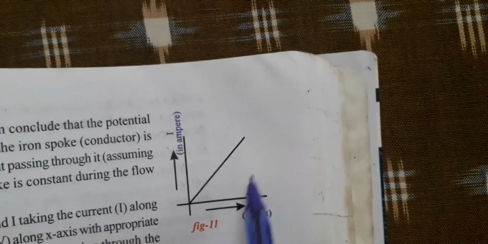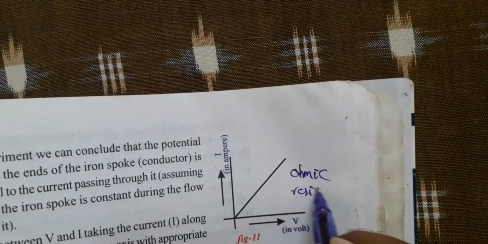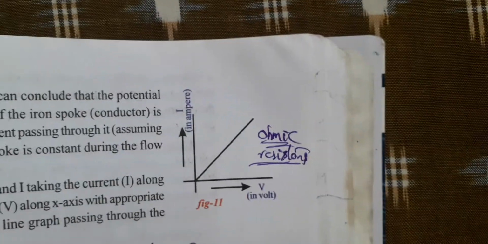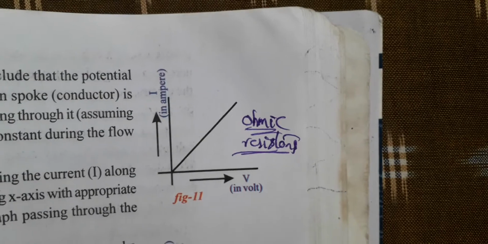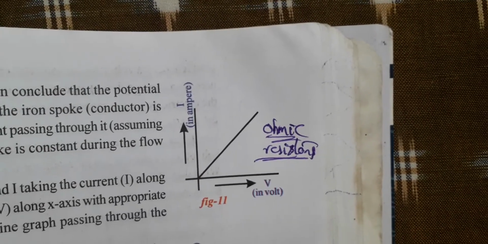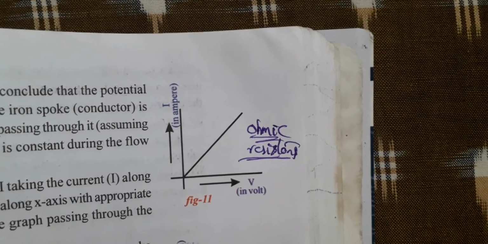Such resistors we call ohmic resistors. Whatever material you take that offers a resistance, we call it an ohmic resistor if the graph between V and I is a straight line passing through the origin.